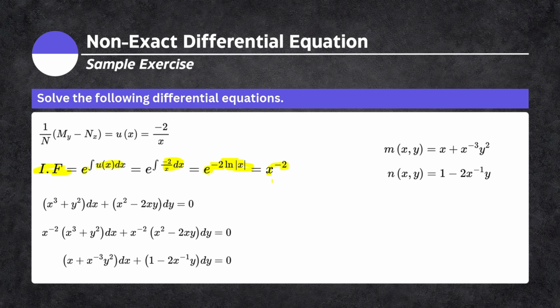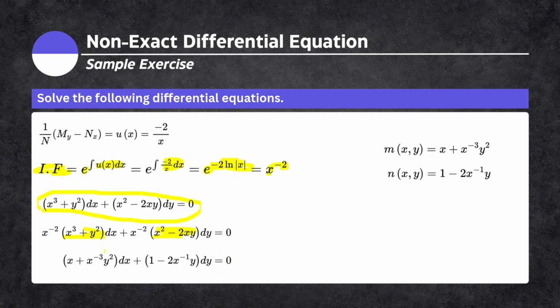Okay, and this will be our integrating factor, and this factor will be multiplied in our given equation so that we can make it exact. Okay, this is our original differential equation, right? And then multiplying by x raised to negative 2 in our m function and n function, this will give us the quantity x plus x raised to negative 3 y squared dx plus the quantity 1 minus 2 x raised to negative 1 y dy equals 0.